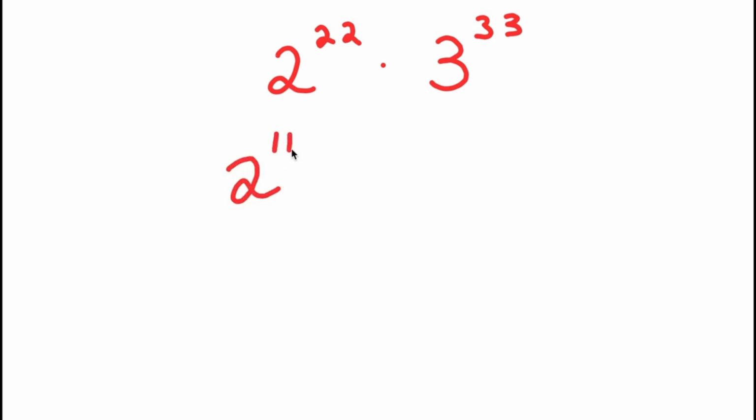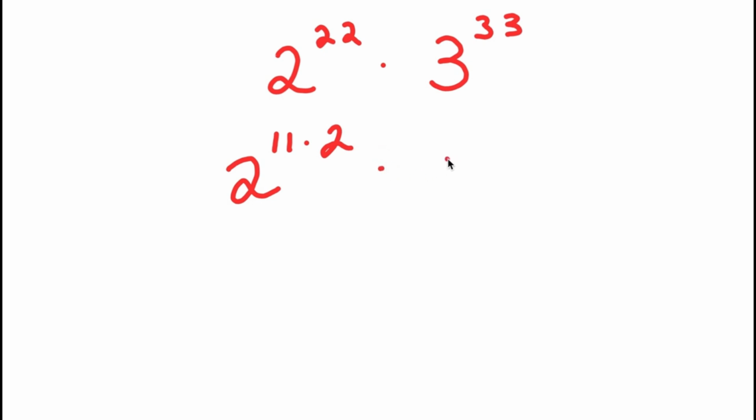Alright, so in this problem, I have 2 to the power of 22 times 3 to the power of 33. So to solve this, what I'm going to do is first rewrite 2 to the power of 22 as 2 to the power of 11 times 2.